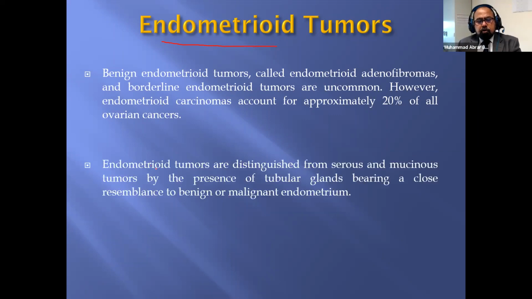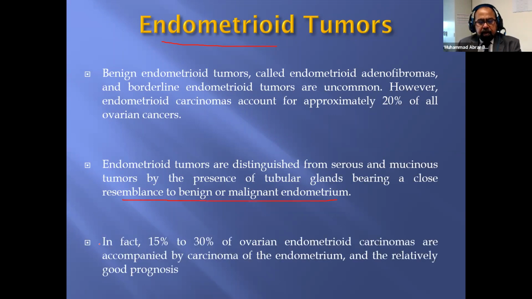So endometrioid tumors are distinguished from serous or mucinous tumors by the presence of tubular glands bearing a close resemblance to benign or malignant endometrium. The shape of the cells is just like endometrium. In fact, 15 to 30% of ovarian endometrioid carcinomas are accompanied by carcinoma of the endometrium, and have a relatively good prognosis.